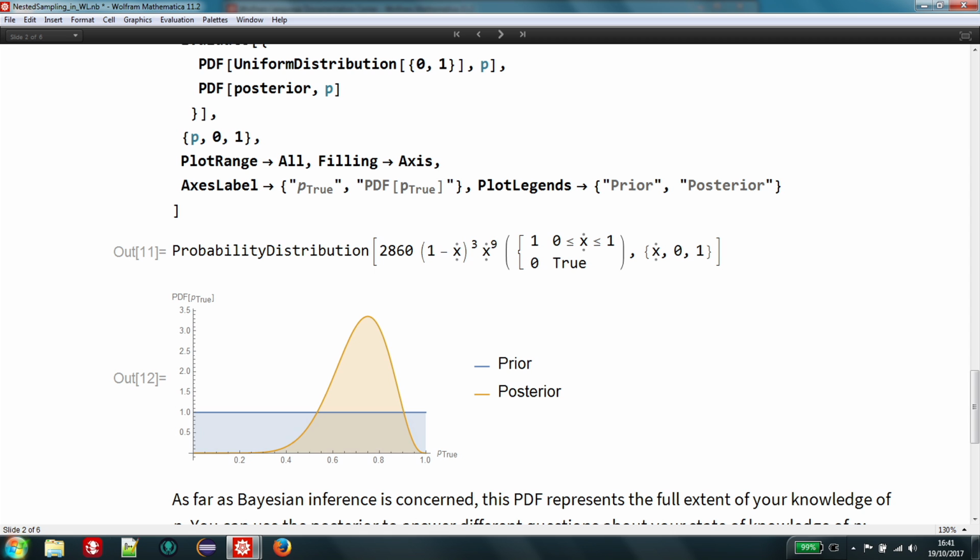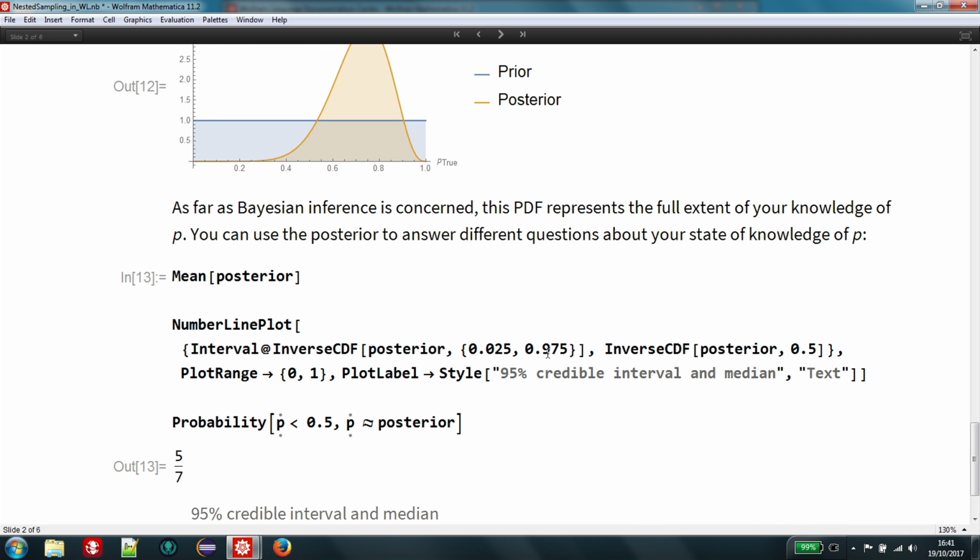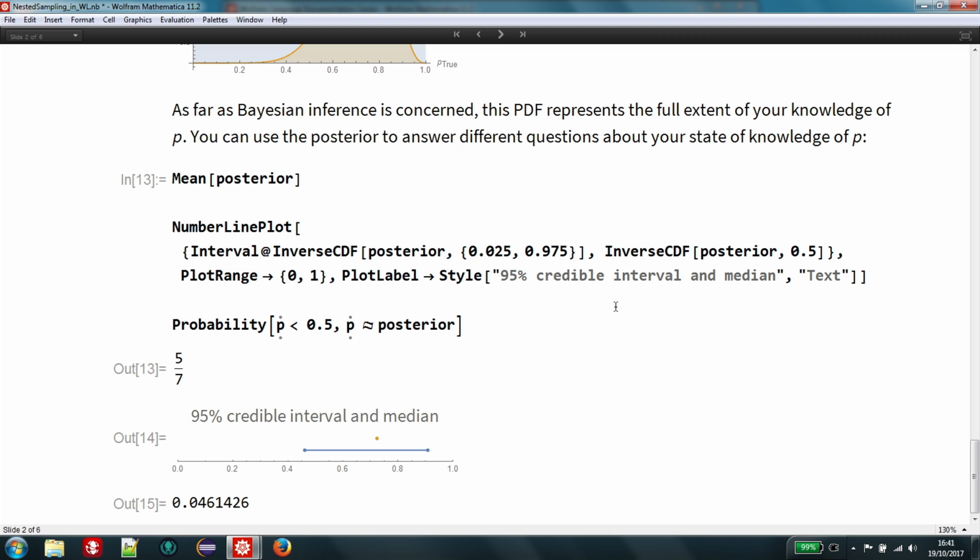Yes? Yeah, so I would say that a credible interval is much closer to our common sense of what we think of.